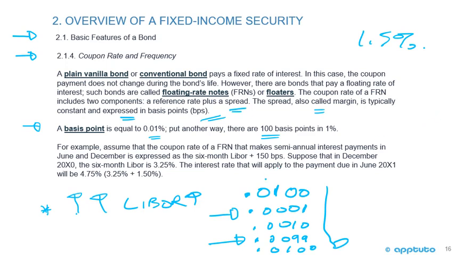The interest rate that will apply to the payment due in June would be 4.75%, which is the 3.25% plus the 1.5%. So again, with regards to a floating rate note, the spread is held constant. The coupon rate changes as a result of a change in the reference rate. And again, get your basis points correct in terms of the decimals, the number of zeros.